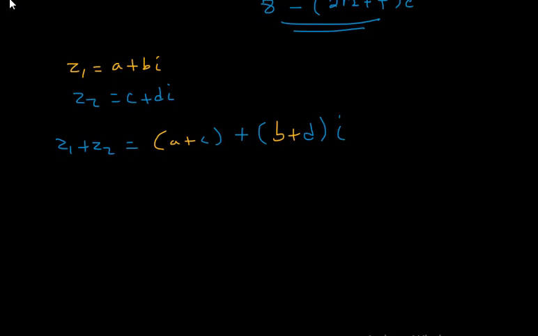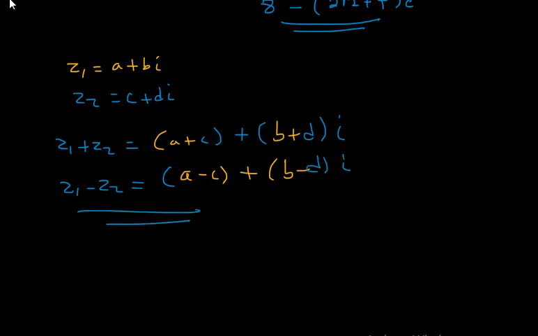At the same time, if I ask to find the difference z1 minus z2, that goes to a minus c, that's the real part, plus b minus d, in brackets, i. So this is in general how to find the sum and difference of complex numbers.